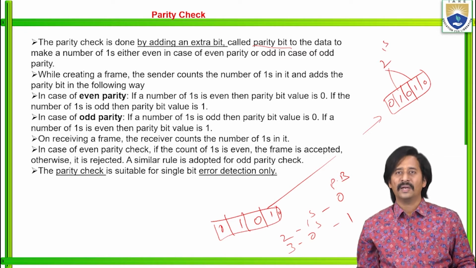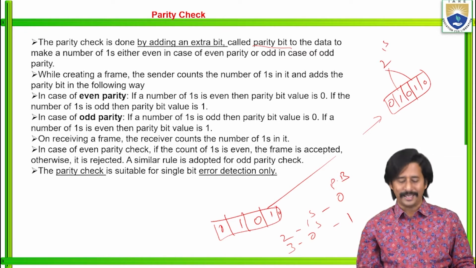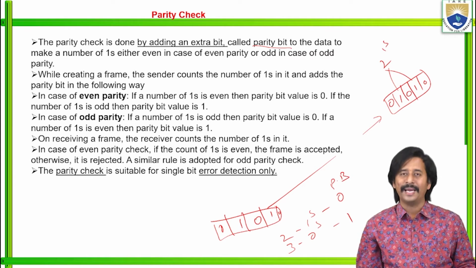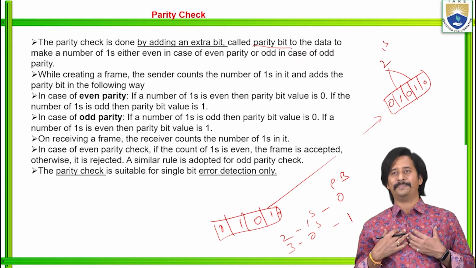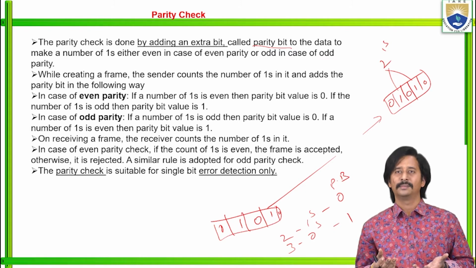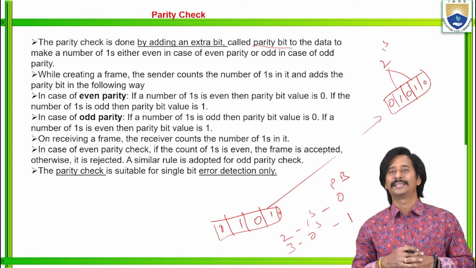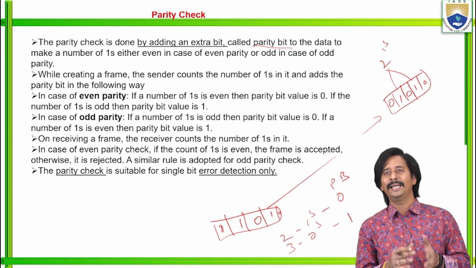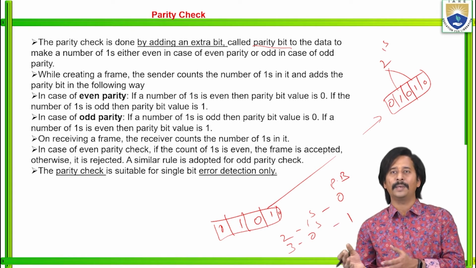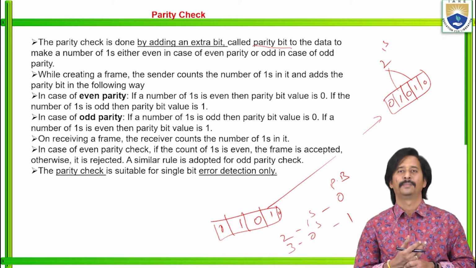On receiving that particular frame, the receiver counts the number of ones in it. In case of even parity check, if the count of ones is even, then the frame is accepted. If not, it is rejected. The same rule is adopted for odd parity check also.